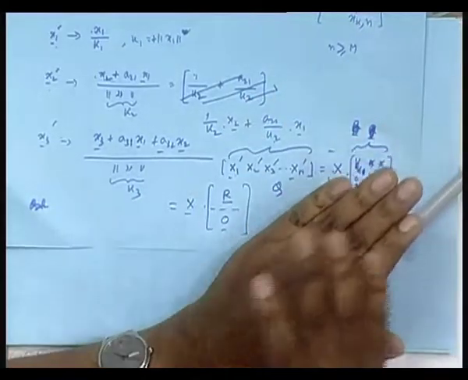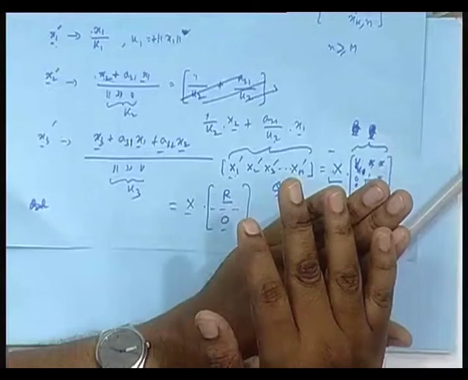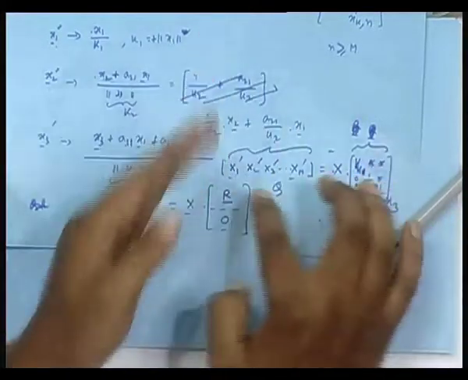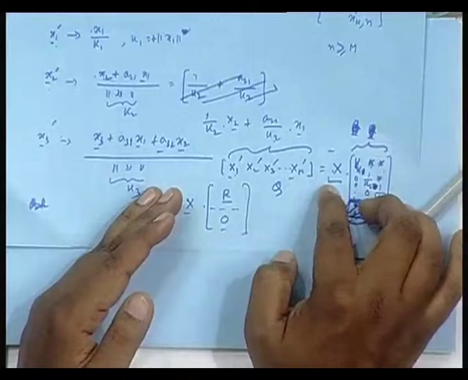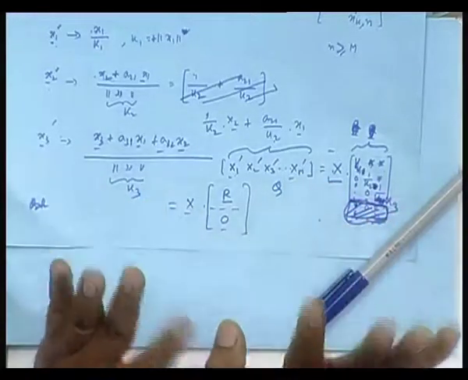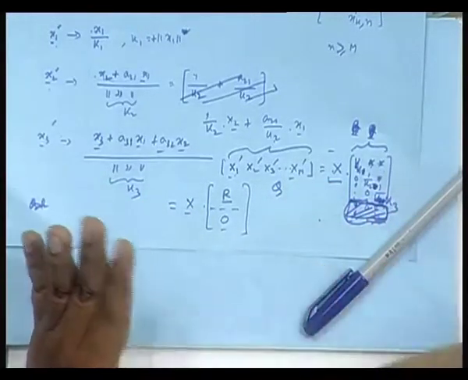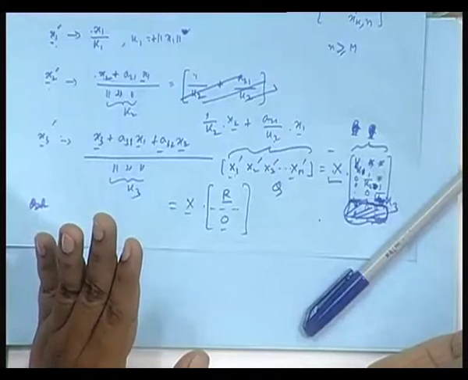So, I can always construct. That means I can make the number of columns the same as the number of rows theoretically, isn't it?